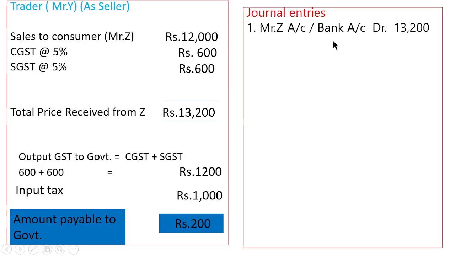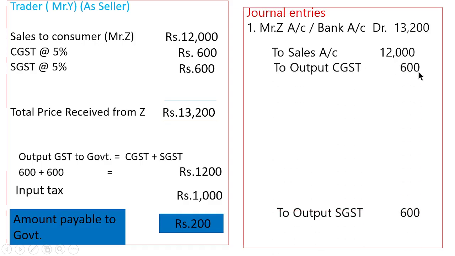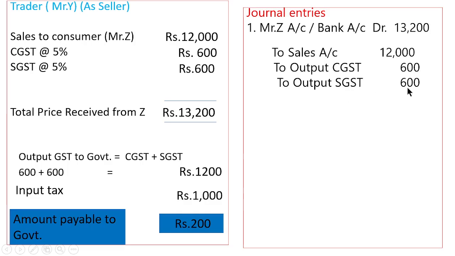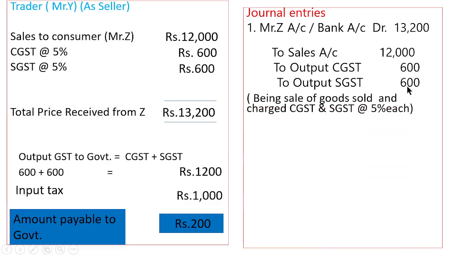Mr. Z or bank account debit, total amount 13,200. In that, sales account is 12,000. Output CGST, the liability towards the government, is 600. Output SGST is 600. So total 1,200. Being sale of goods sold and charged CGST and SGST at 5% each.